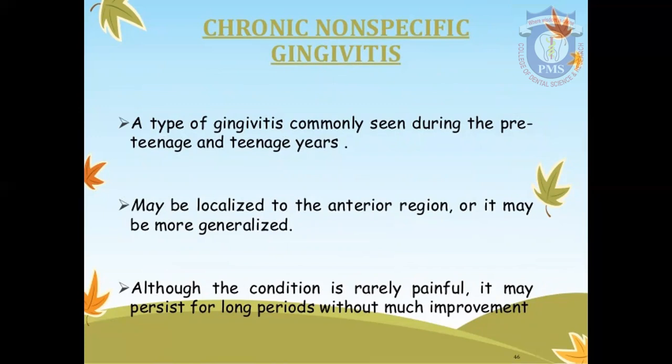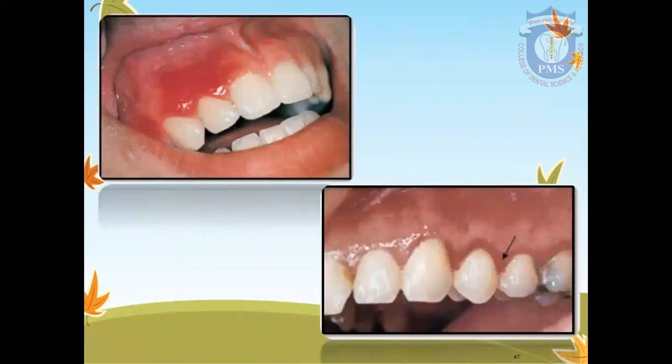Although the condition is rarely painful, the fiery red gingival lesion is not accompanied by enlarged interdental labial papillae or closely associated with local irritants. Gingivitis showed little improvement after prophylactic treatment and may persist for longer periods without much improvement. This is the image of chronic non-specific gingivitis.